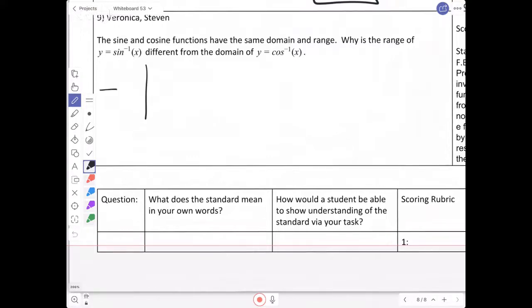So we're going to say here's negative pi over 2, pi over 2, and let's do sine in blue. Pi. Oh, pi.